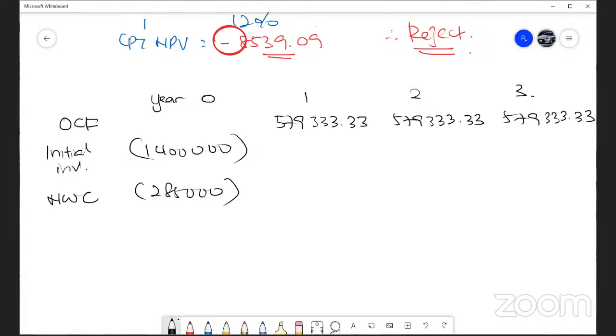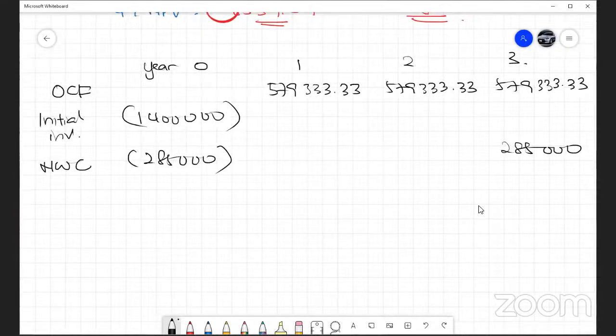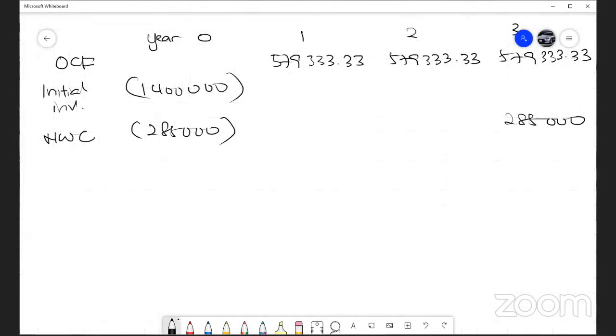As usual, net working capital, you get back at the end of the project. What is new here is that the fixed asset will have a market value of $225,000. That means at the end of year 3, the whole project could be sold off with a salvage value of $225,000. Although your book value is 0, you can still sell it for $225,000.